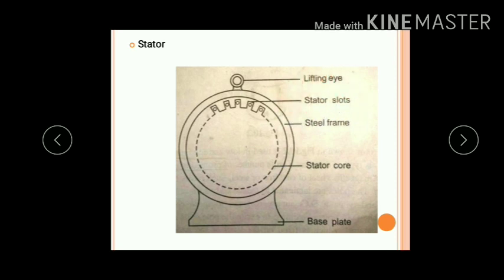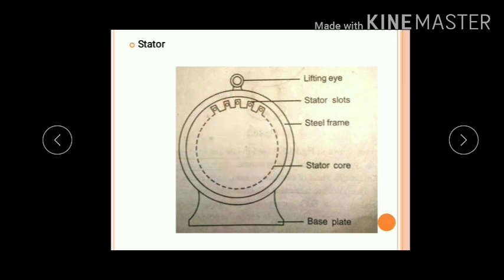So it consists of a stator frame, which is the outermost cover of the machine, made up of mild steel plates which are welded together to form a cylindrical drum. The stator frame encloses a hollow cylindrical drum.